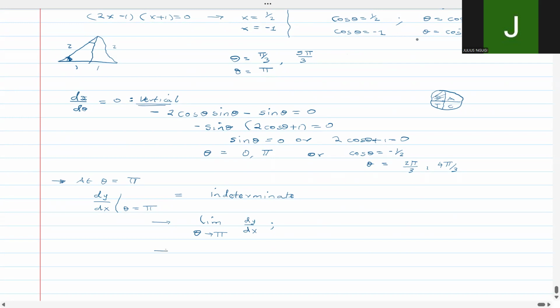So this will give you that dy/dx will tend to 0 as theta tends to pi on either side. And that's when we conclude that indeed theta equals pi. Once we impose the limit, it's a horizontal tangent.